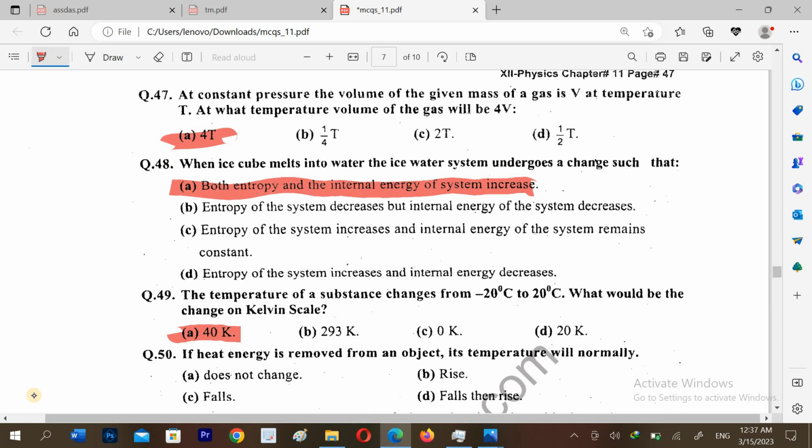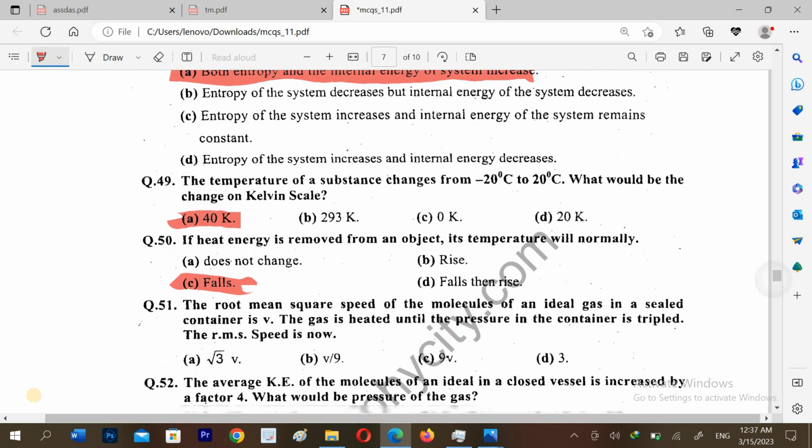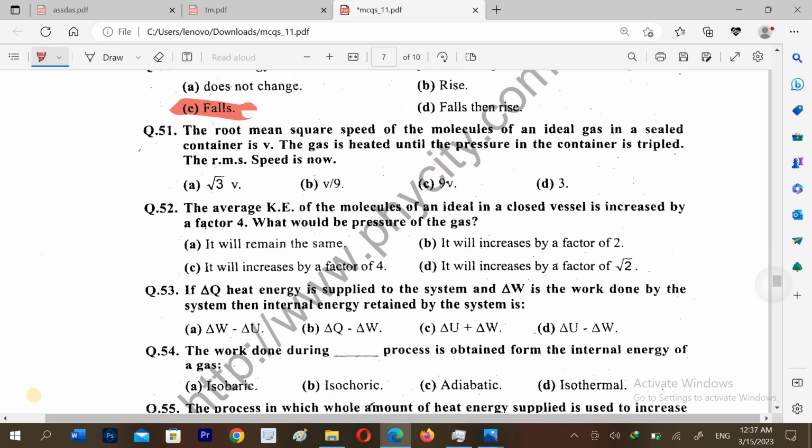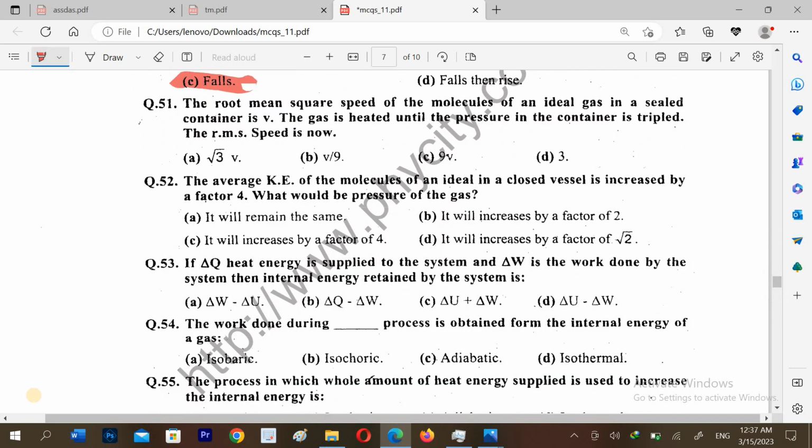If heat energy is removed from an object, its temperature will normally fall. The root mean square speed of the molecules of an ideal gas in a sealed container is V. The gas is heated until the pressure in the container is tripled.